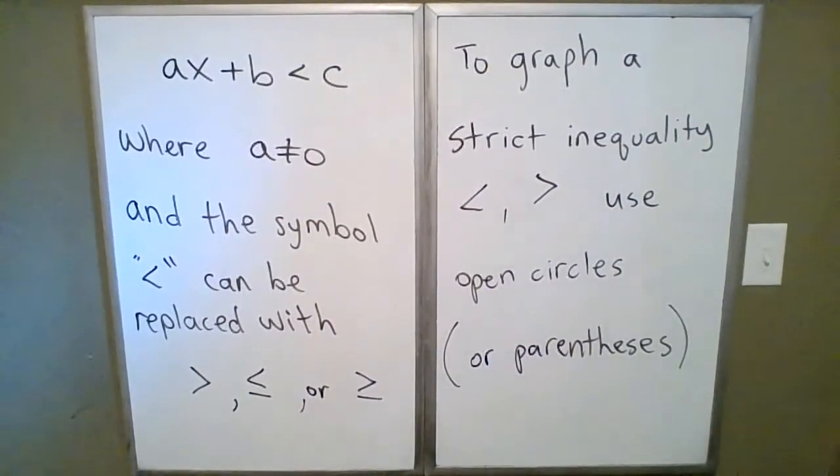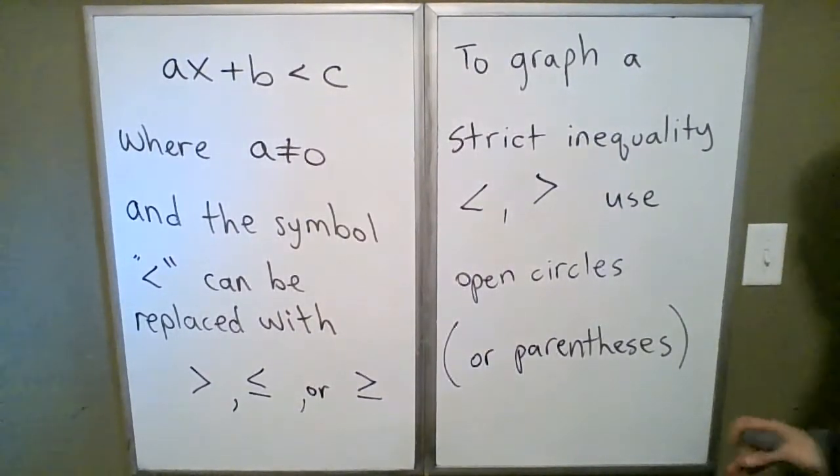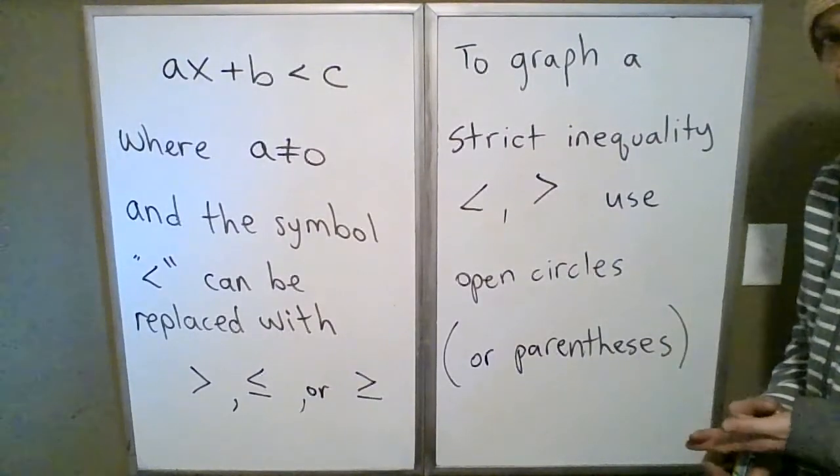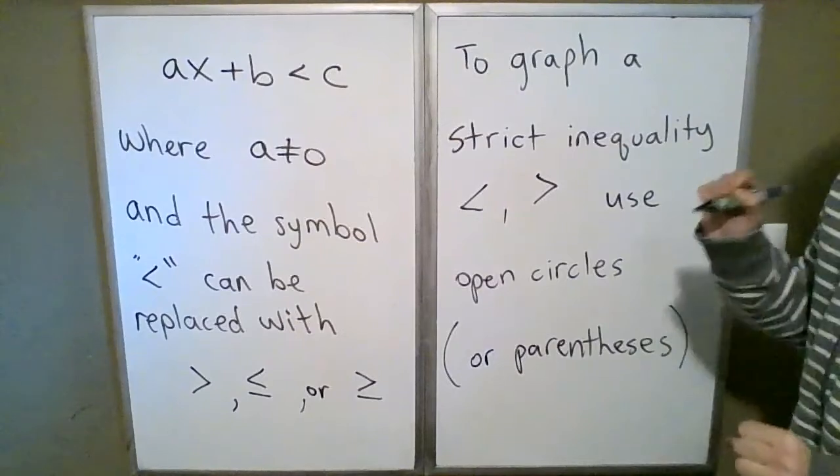Okay, so when you have greater than or equal to and less than or equal to, use a closed circle or a square bracket.